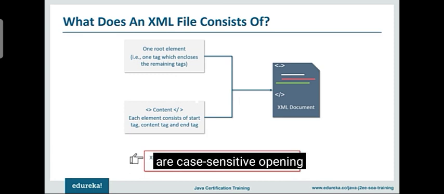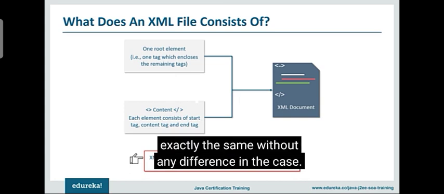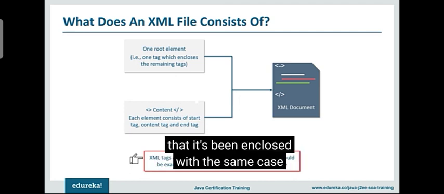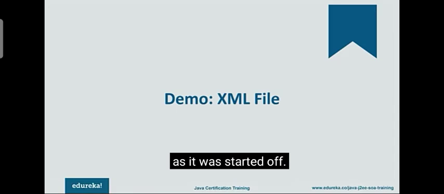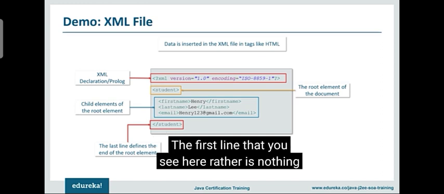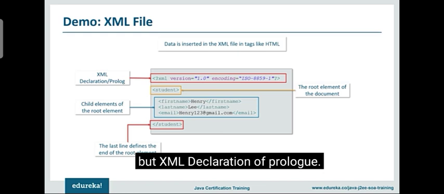XML tags are case sensitive. Opening and closing tags should be exactly the same without any difference in case. You have to ensure that it's enclosed with the same case as it was started with. This is an XML. The first thing that you see is the XML declaration, or prologue.